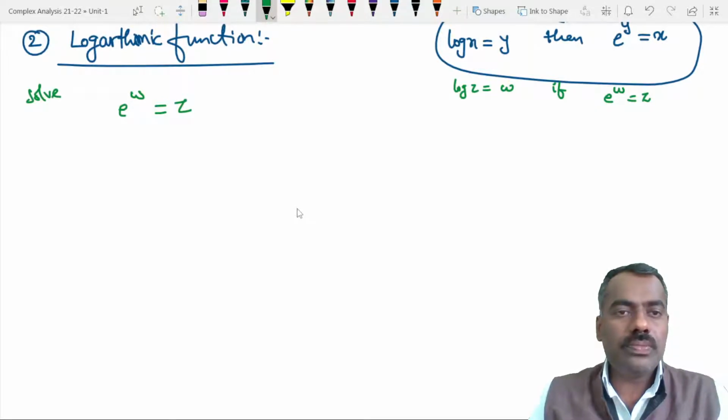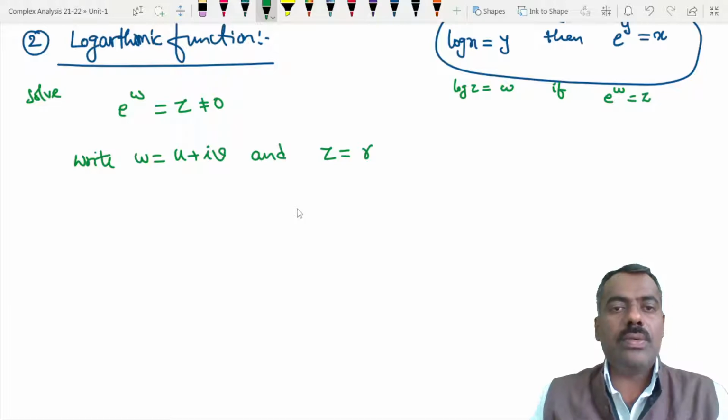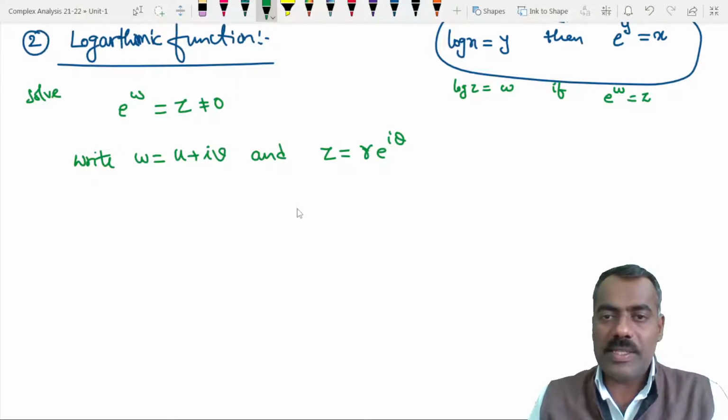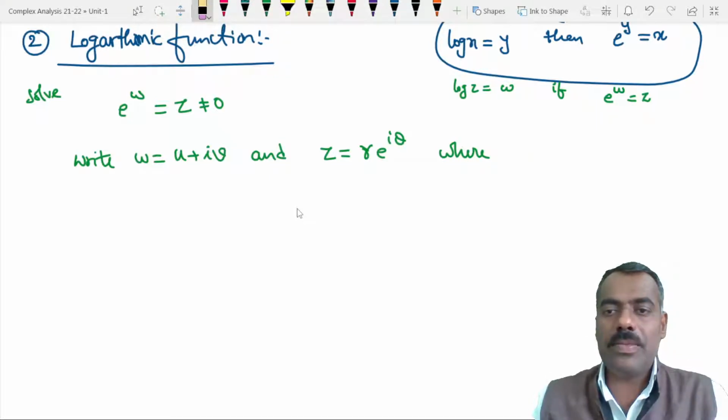We can write w as u plus i v, and z is equal to r, so for that you take z non-zero. z is equal to r into e power i theta, where theta is the principal argument, that means theta is between minus pi to pi.